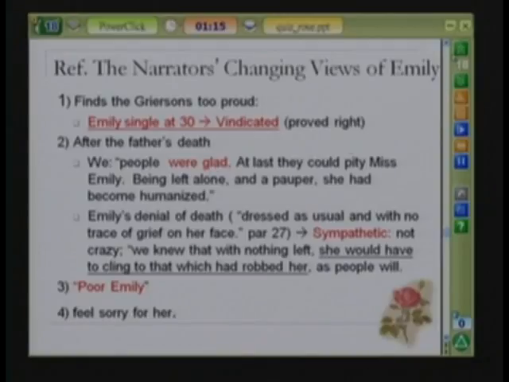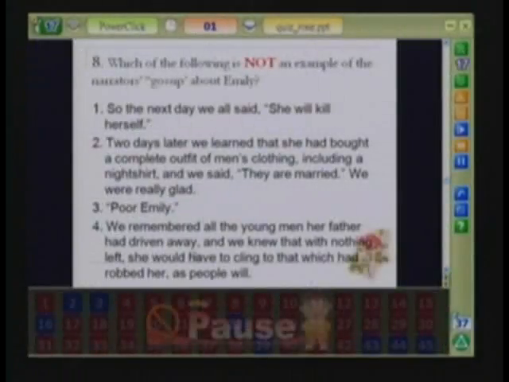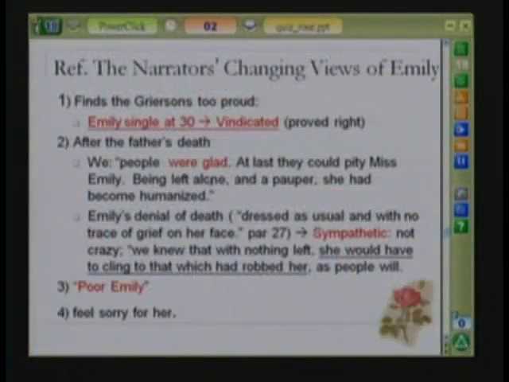Like the expression given here, they are sympathetic, but then at the same time they are glad. Okay, because the one who was supposed to be a goddess is finally brought down to the earth, and she becomes humanized. Okay, and there were moments of their sympathy with Emily, which I'll introduce later.